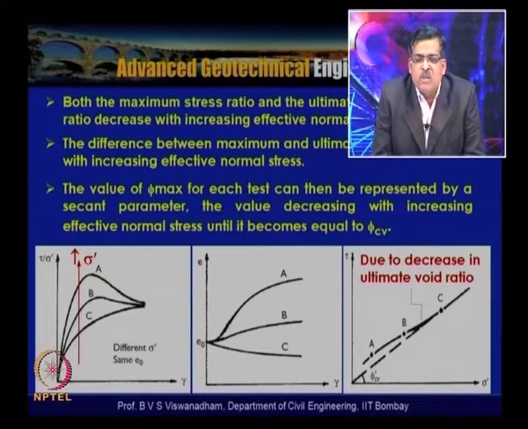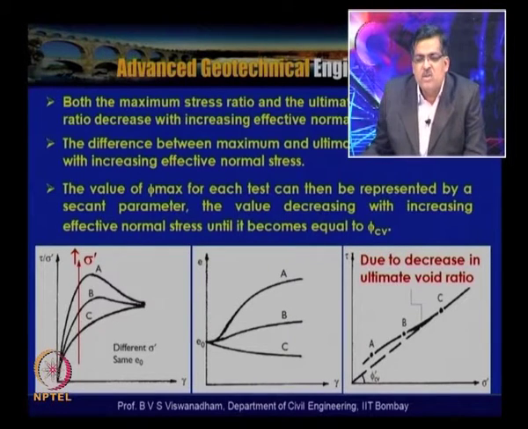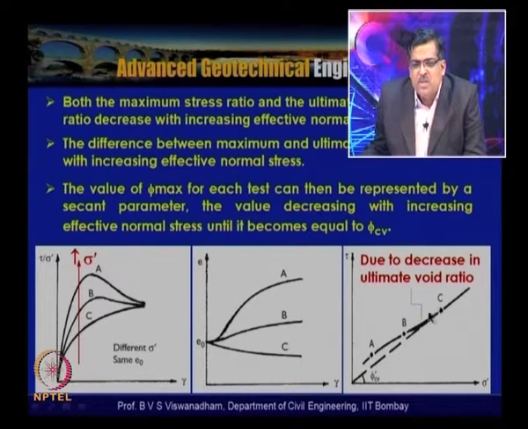But when the normal stresses increase, the suppression of the peaks appears, and predominantly hardening takes place. Because of that, they merge to the phi CV axis. So you can see that at high effective normal stresses, beyond point B, there is a merging of these angles.